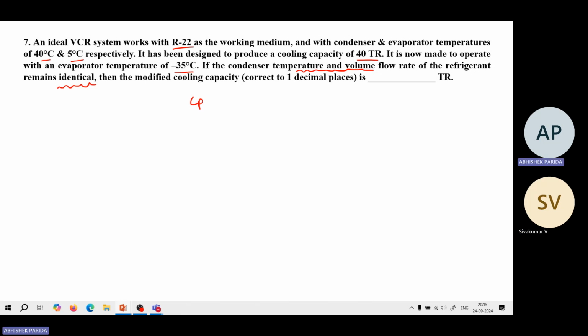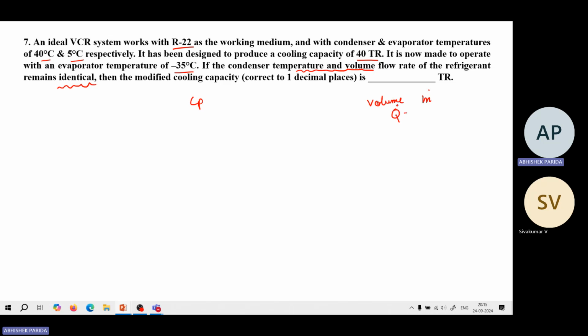Okay. So considering the question to be very simple, the volume flow rate is equal to the mass flow rate, because otherwise we will need more inputs. As you are saying, you are absolutely right. If you consider the volume flow rate to be constant, that means it's not constant mass flow rate. Mass flow rate m dot would be constant, but in this case, it is given that volume flow rate has to be constant.